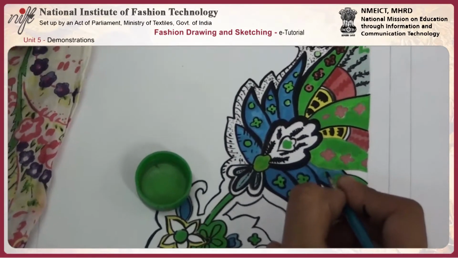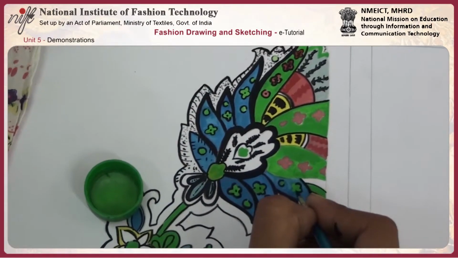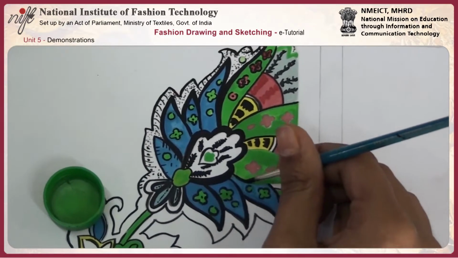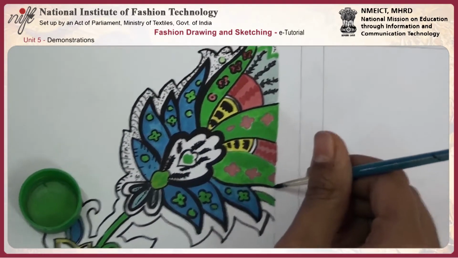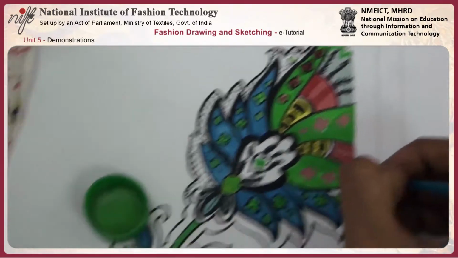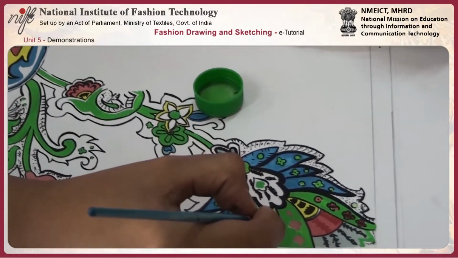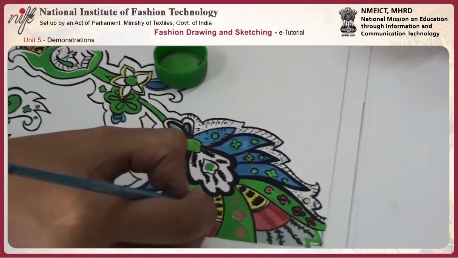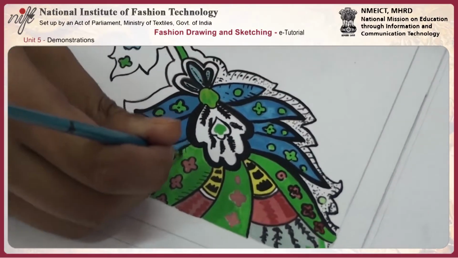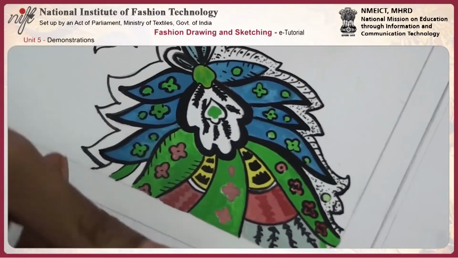One must note here that while rendering with poster colors, you will have absolute control over the medium. You must be able to draw thin lines, fill colors, and also apply textures or patterns.